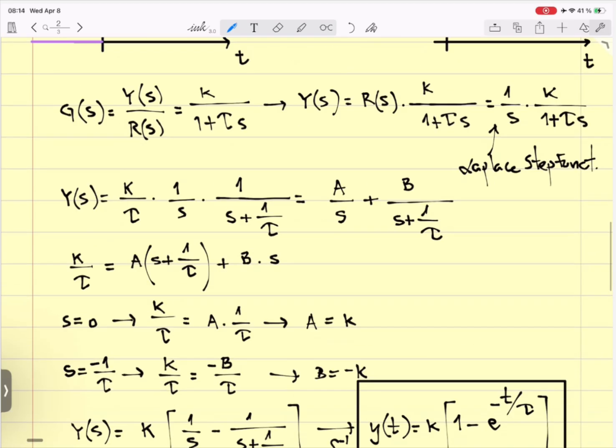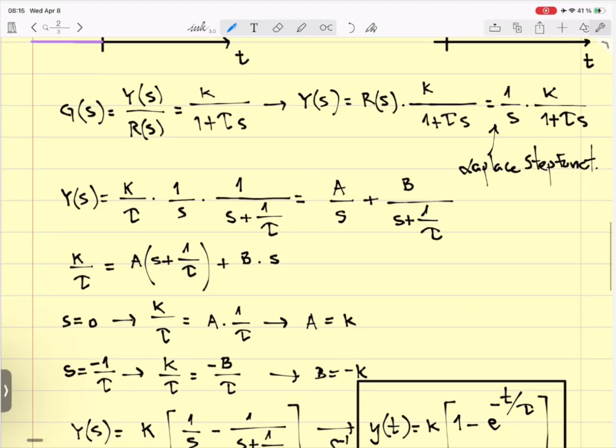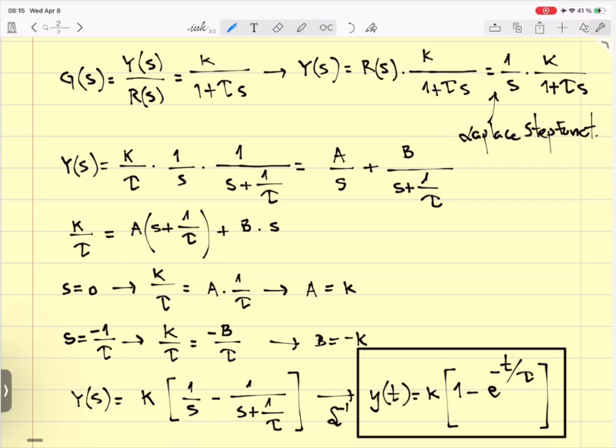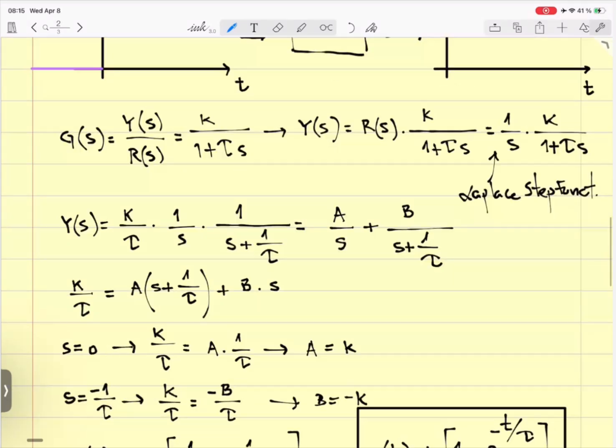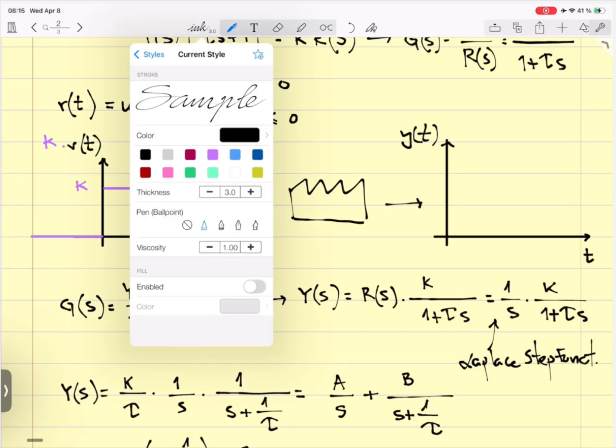If we plot it here, for t equals 0, this becomes 0. So let's do it in a different color.